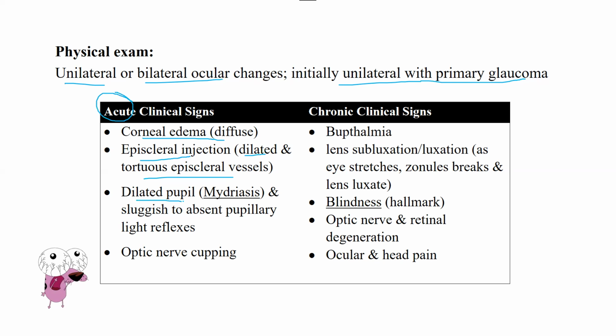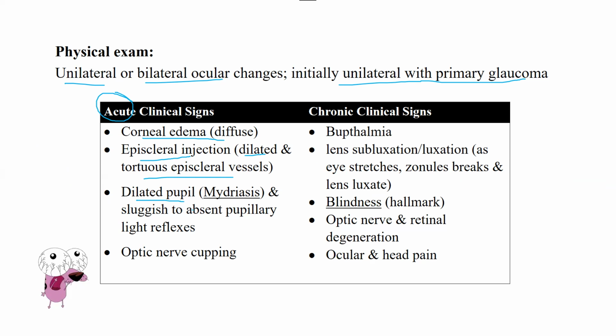Third is dilated pupil or mydriasis. This is one of the most important signs. Mydriasis, that means the pupil is going to be dilated in this case, as contrary to the anterior uveitis, where we talked about that the eyeball was having miosis, constricted pupil.